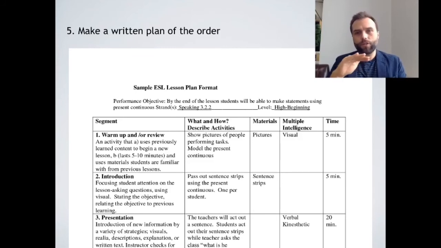So you might just have a list, almost like a shopping list, a list of the activities, a little bit of a plan, what kind of materials you might need, and so on. So that can really help, especially if you're new to teaching. When you're new, it's a bit difficult to do things that aren't planned. So it's a good idea to plan everything in advance.